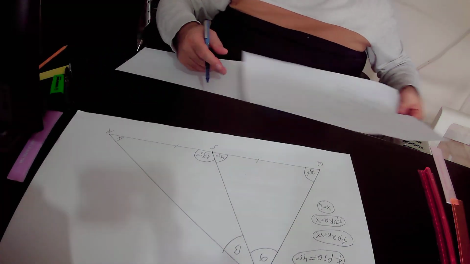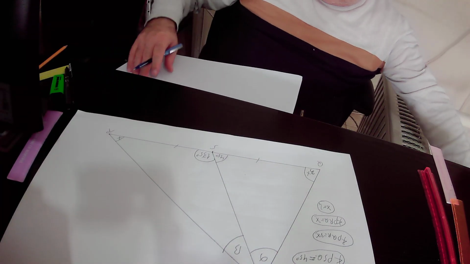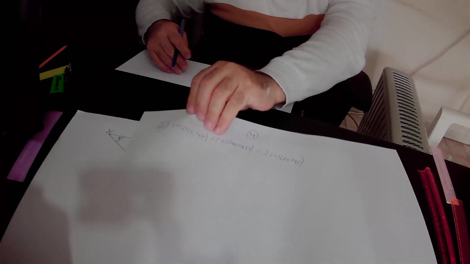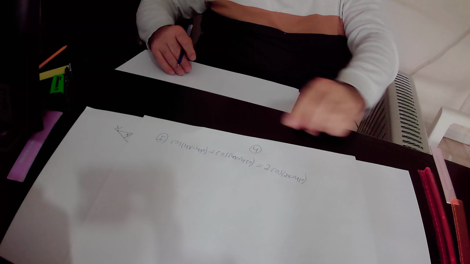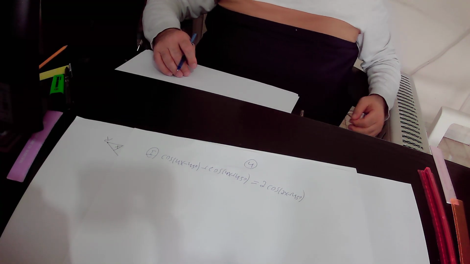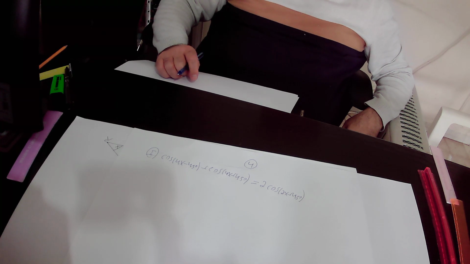I'll repeat again. According to equation number 1, we got that cosine 4x minus 45 degrees plus cosine 4x plus 45 degrees equals 2 cosine 2x plus 45 degrees.